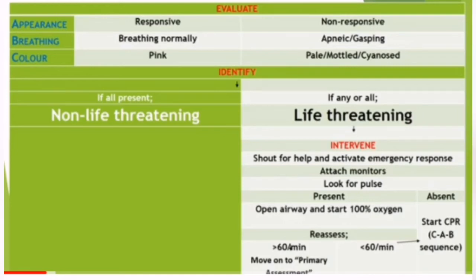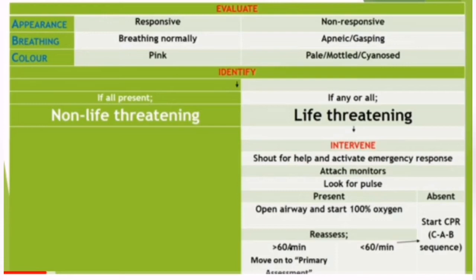After the primary assessment, you have to put in vascular access and you have to check the rhythm, whether it is regular rhythm or not. After that, we are going to do the secondary assessment. What is meant by secondary assessment? Secondary assessment means we are going to take a focused history and a focused examination and check the vital signs.